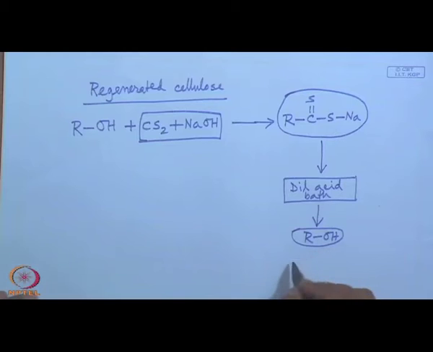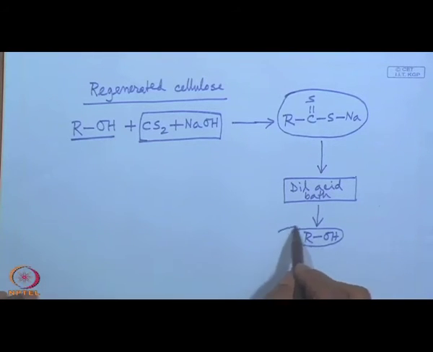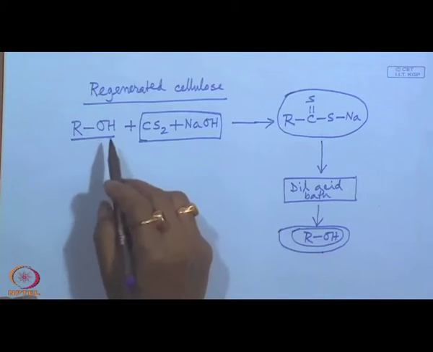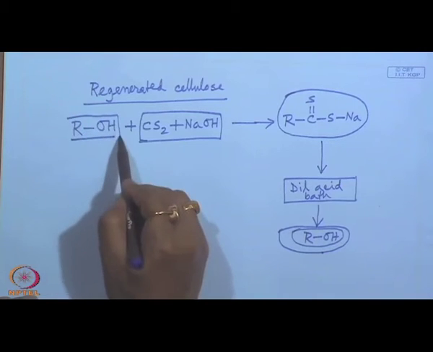In this case, the number of hydrogen bonds in that cellulose is reduced. Here it contains fewer hydrogen bonds, while the original contains more. So, this becomes soft and more hydrophilic, and that is more degradable than the original cellulose material.